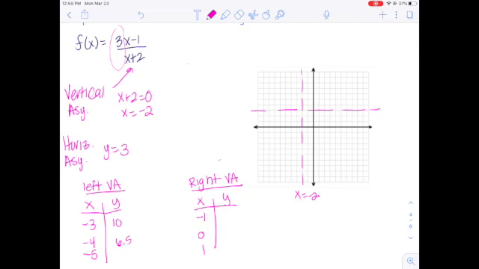And you get a 10, 6.5, 5.3, -4, -0.5, and 0.6. So plot it all.